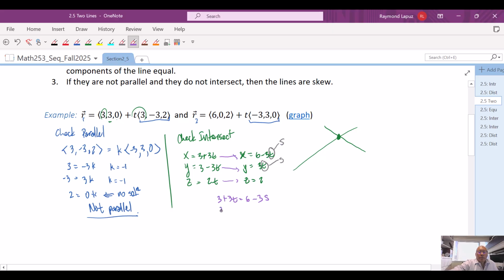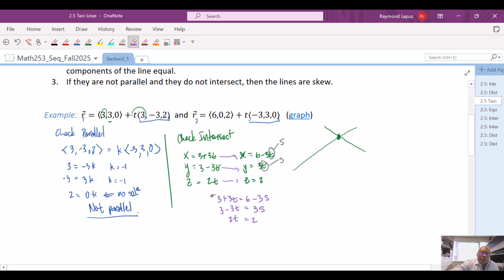And then we have 3 minus 3t is equal to just 3s. Oops, I'm sorry, the second one here should have been an s. And then we have 2t is equal to 2. The last one, z, is equal to 2. There's no s's, so we don't need to worry about that.